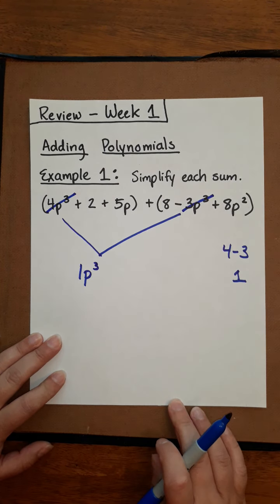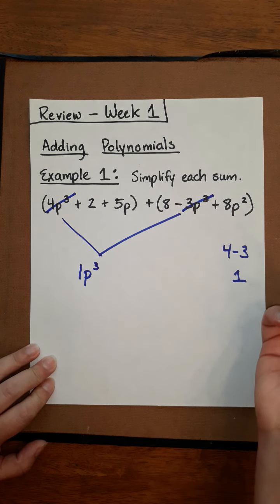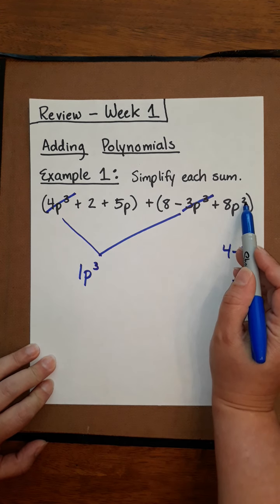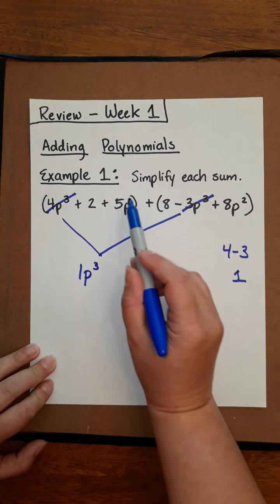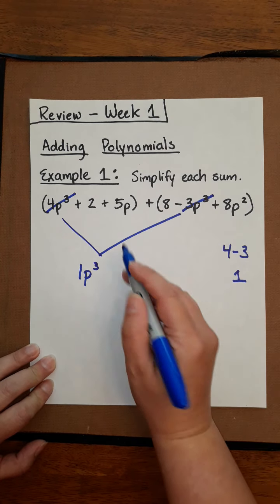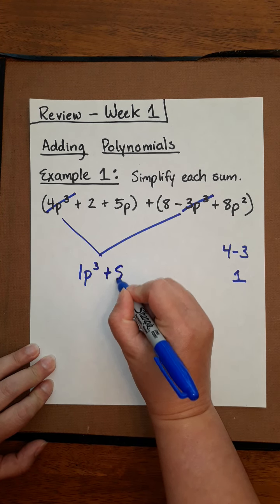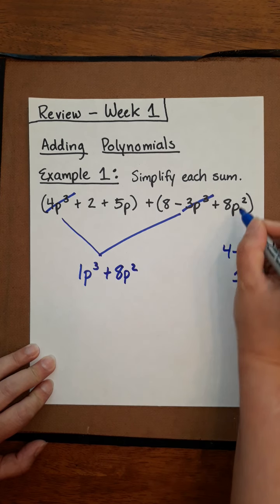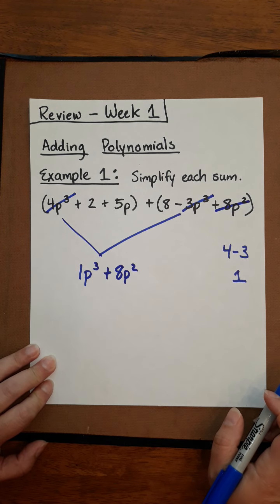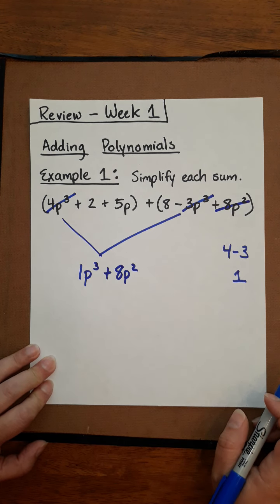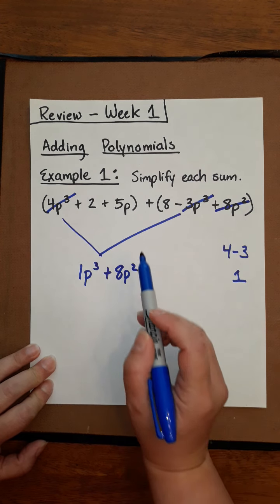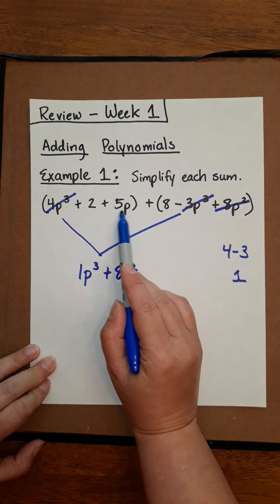Then we'll go to our next highest exponent. That was 3, so we're going to go to 2. Here's 8p^2. I don't have any other p^2, so that one's just going to come down. It's positive. We'll mark it out. Then we need p to the first power, which is just p. Here it is, 5p.